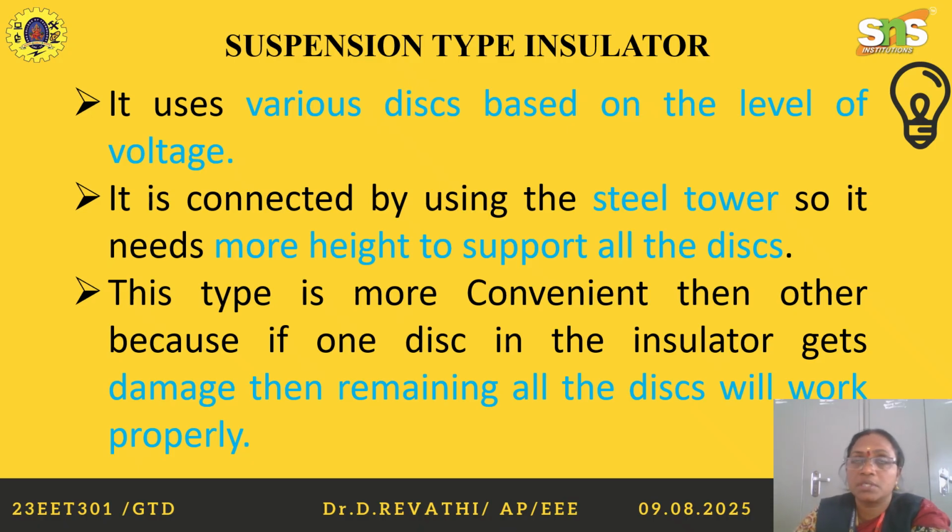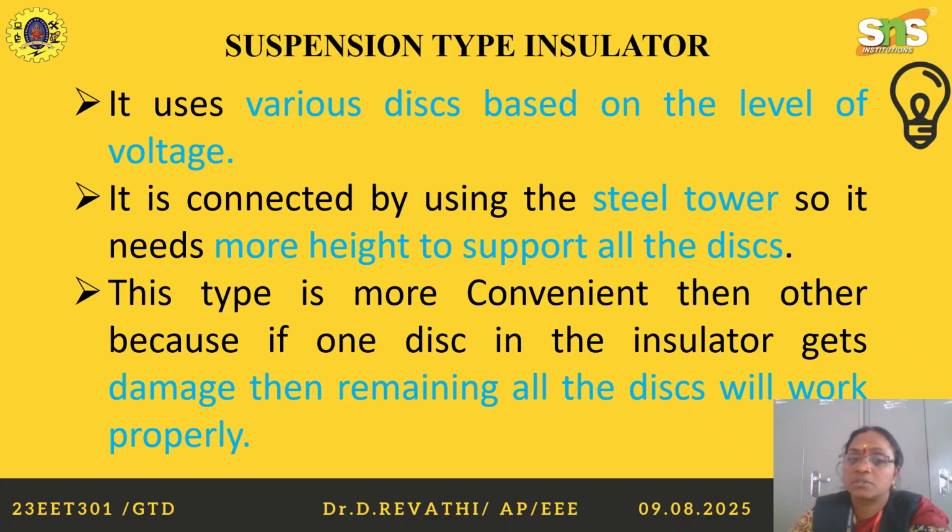So based on the voltage level we use the discs. All these discs are connected in series with the help of a metallic link, and here two discs are acting as a capacitor. So it decides the efficiency of the line.